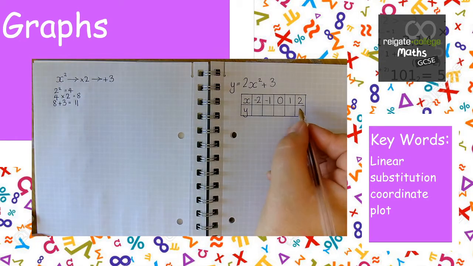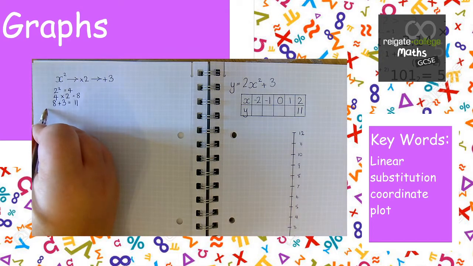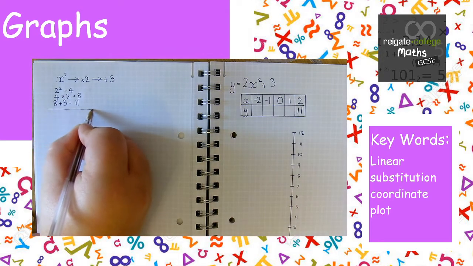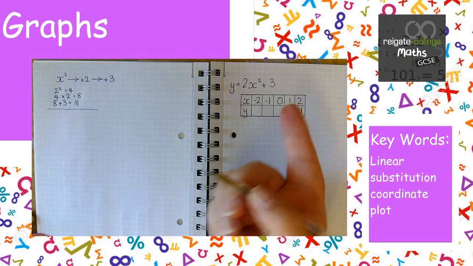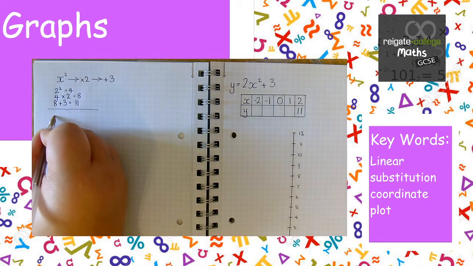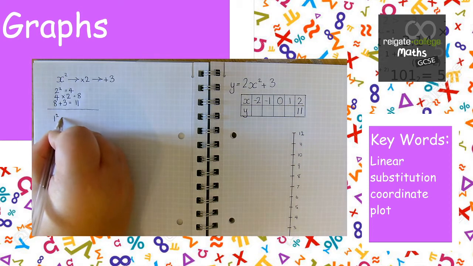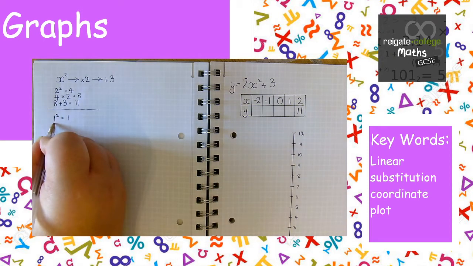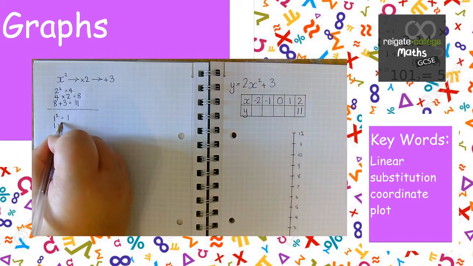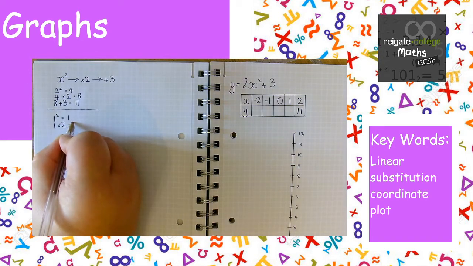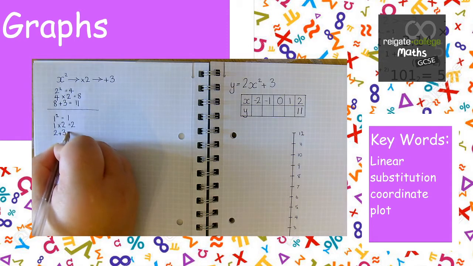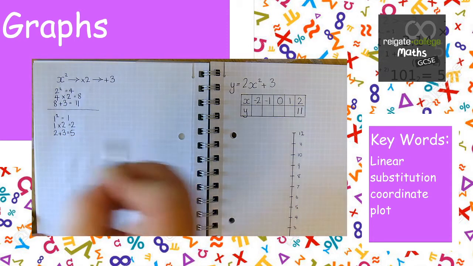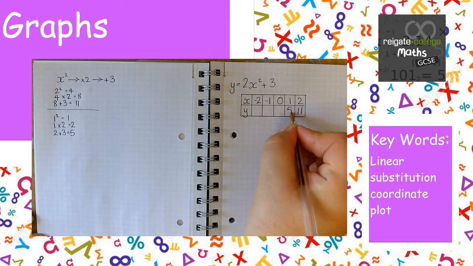Where x is 2, y is 11. I'm now going to go through the same functions, but this time x has a value of 1. 1 squared is 1. 1 multiplied by 2 is 2. 2 plus 3 is 5. Where x is 1, y is 5.